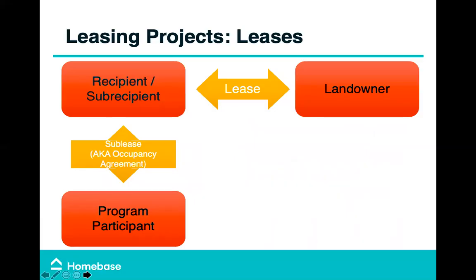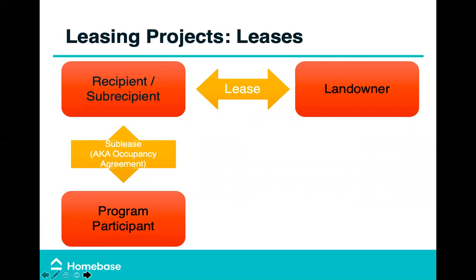Great, thank you, Byla. So to start talking about lease requirements more broadly, many people think of leasing and rental assistance as synonymous. However, leasing as a concept is fundamentally different from rental assistance. In projects that receive leasing funds, the project, noted on this slide as the recipient or subrecipient, contracts for the space from a landlord. So the project is primarily responsible for the housing or office space if it's being contracted to provide supportive services.